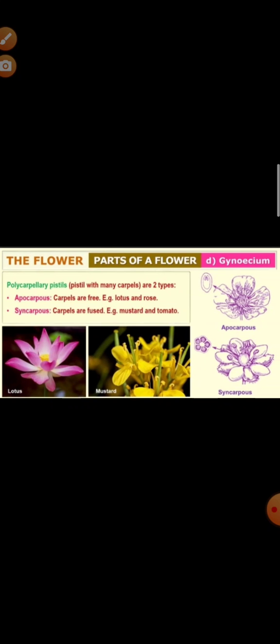Polycarpellary pistil means when a pistil has many carpels, then it will be known as polycarpellary pistil. Now two types are there of polycarpellary pistil. One is apocarpous and another is syncarpous. Now apocarpous, this concept is very easy.